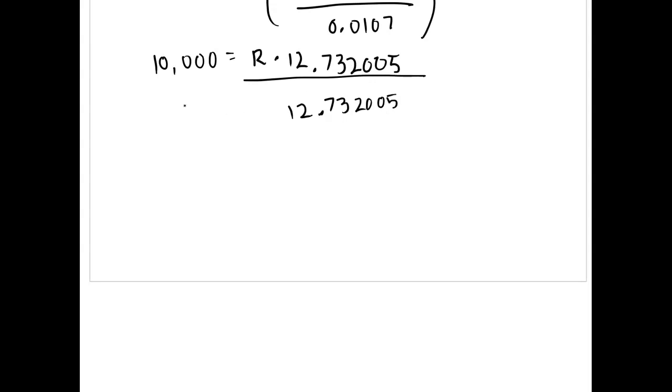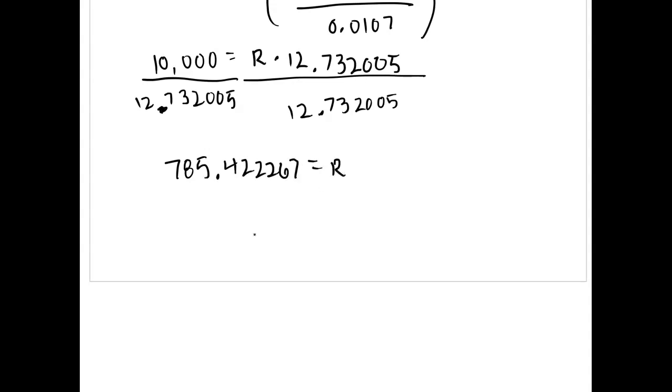Those will divide out to 1, leaving just R. And on the left-hand side, that gives 785.42267. Again, we were solving for the regular payment. So Luca needs to make a regular payment of $785.42.